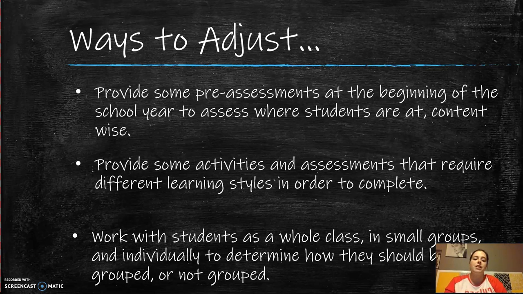And you can work with students as a large group or in small groups or even individually to figure out how they may be grouped or not grouped. You might be able to figure out as a large group that these kids go here, these kids go here. You might have a better chance of doing it when you're in smaller groups and say, oh, this group needs to be split up into 2 different groups or whatever it may be. And then sometimes it's just based individually.